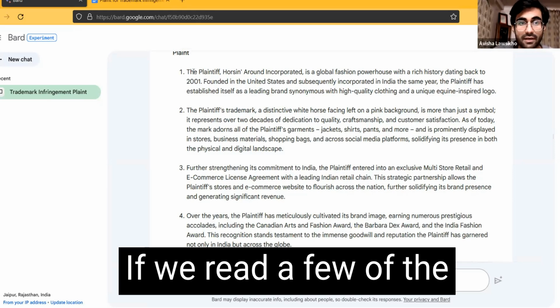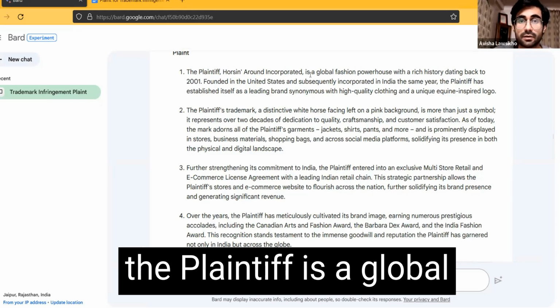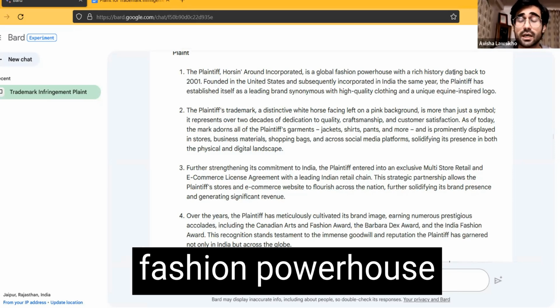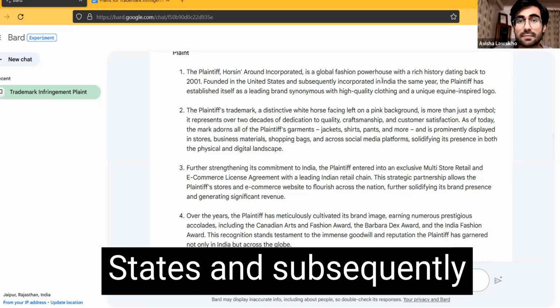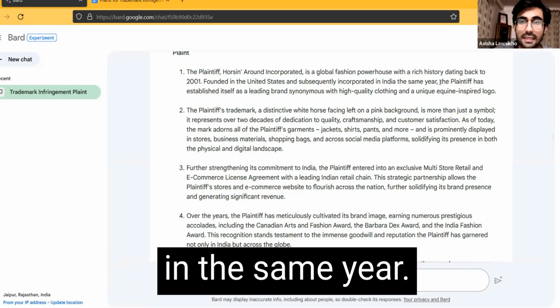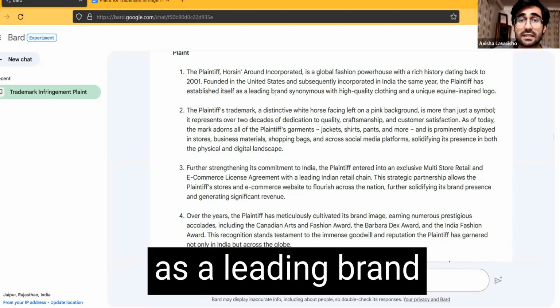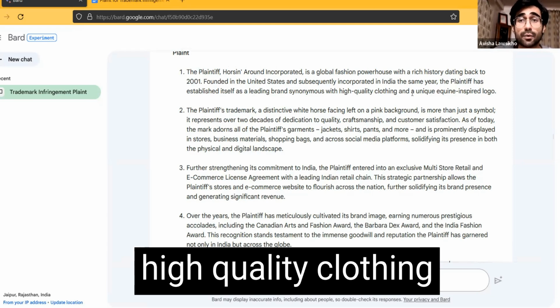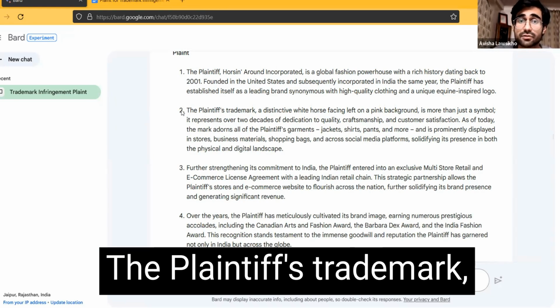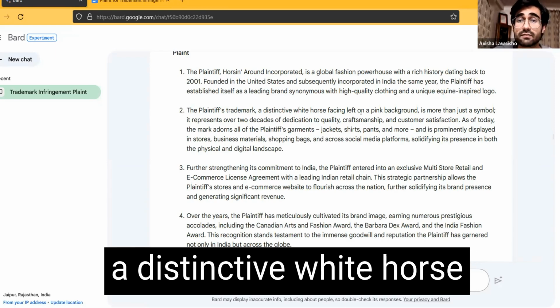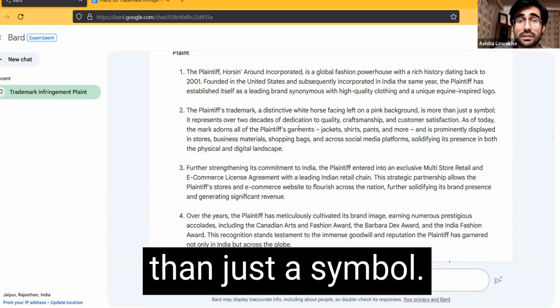If we read a few of the paragraphs, it says the plaintiff is a global fashion powerhouse with a rich history dating back to 2001, founded in the United States and subsequently incorporated in India in the same year. The plaintiff has established itself as a leading brand synonymous with high quality clothing and a unique equine inspired logo. The plaintiff's trademark, a distinctive white horse facing left on a pink background, is more than just a symbol.